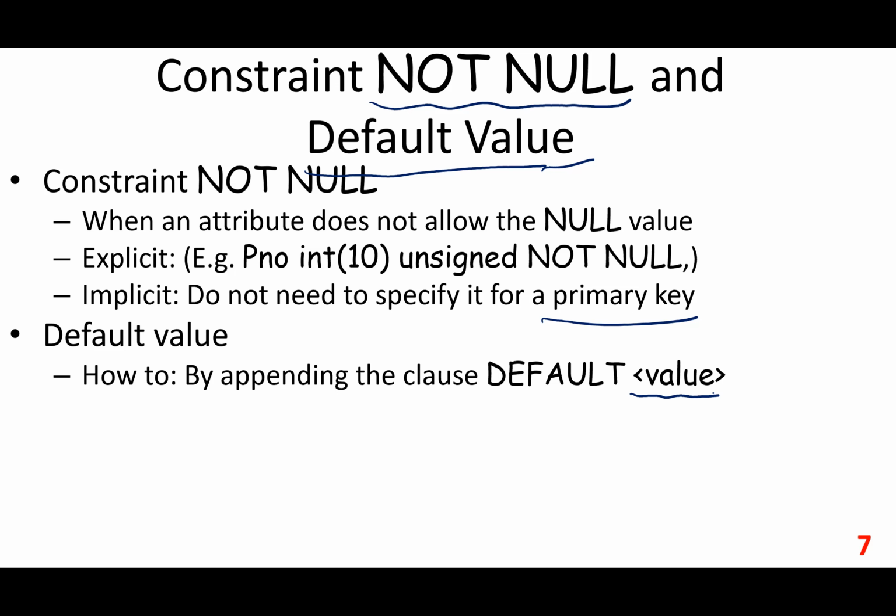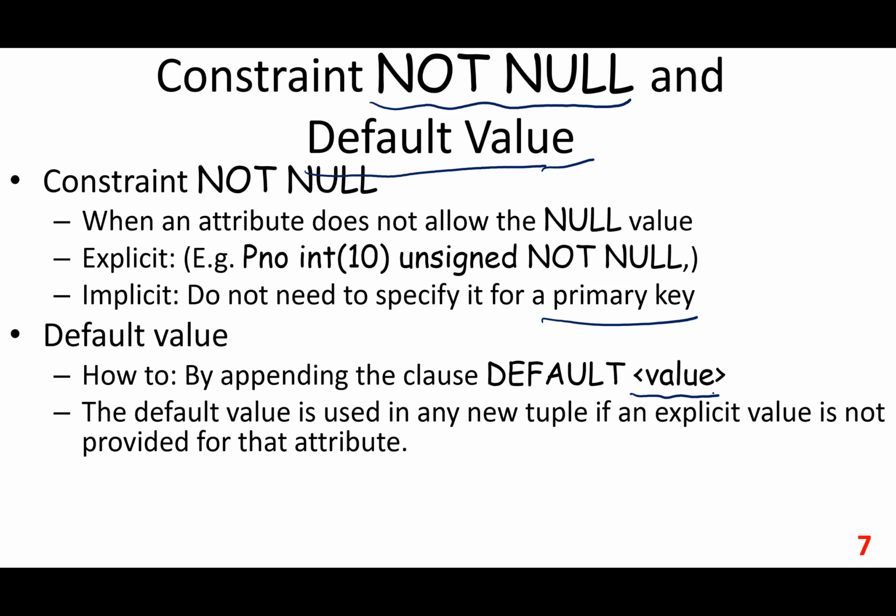The default value is used in any new tuple if an explicit value is not provided for that attribute. Yeah, that could happen. Then, if you have some suitable default value, then you should put it there.